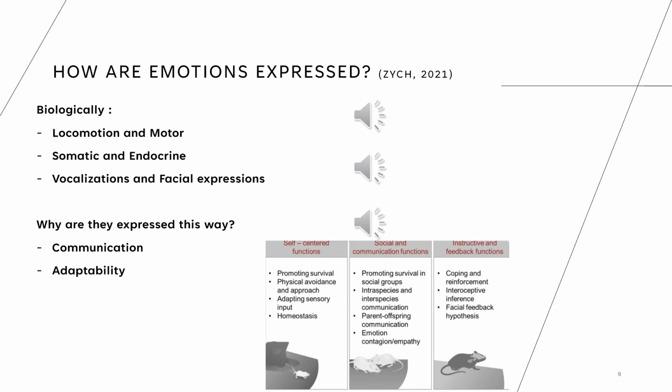So, why are they expressed this way? In order for us to communicate, if we did not have the biological ability to interact, it would probably be very challenging to identify, understand, and express our emotions. Emotions are expressed in this manner in order for communication to occur, so that we can talk to ourselves and other individuals, and this has been continuous over generations and evolutions.